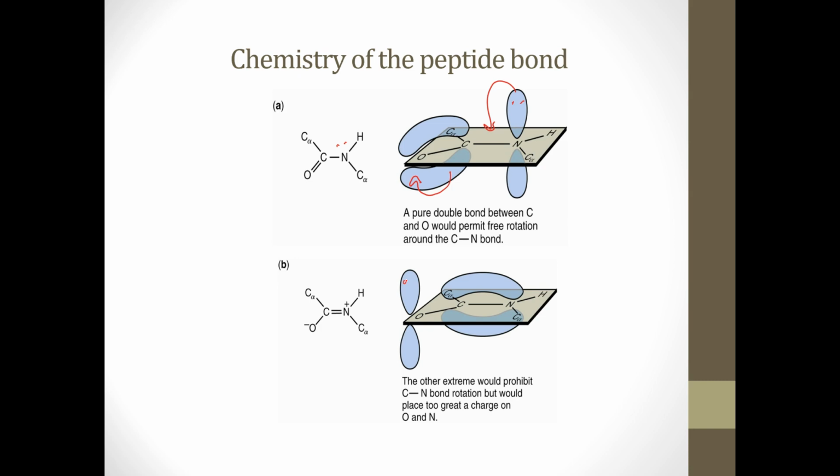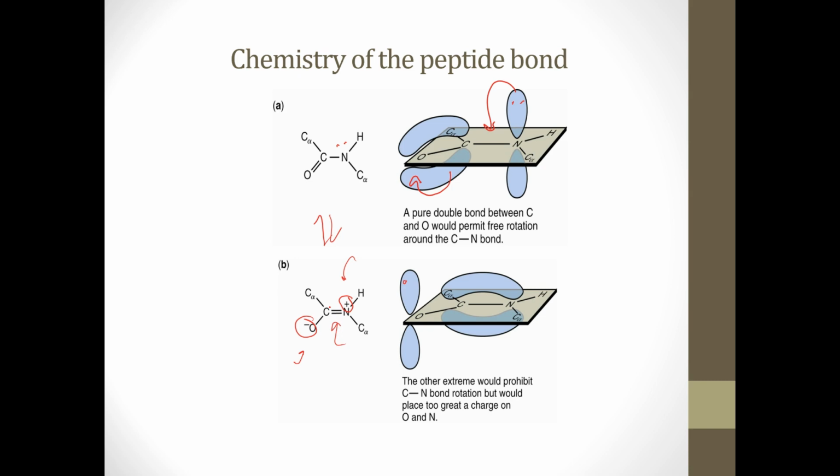What this looks like when this occurs is we now have a positive charge on the nitrogen and a negative charge on the oxygen, because the nitrogen lost its lone pair and the oxygen gained a lone pair. So this is why we have a partial negative charge and a partial positive charge, because of this resonance system where we have partial charges and partial double bond character between the carbon and nitrogen.